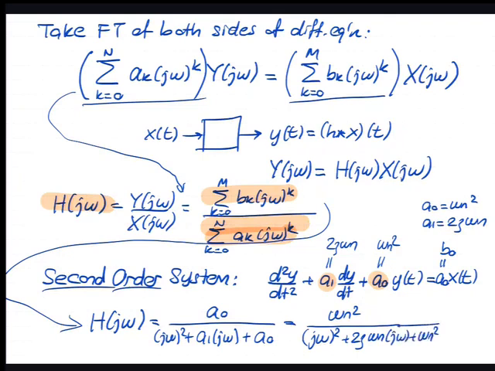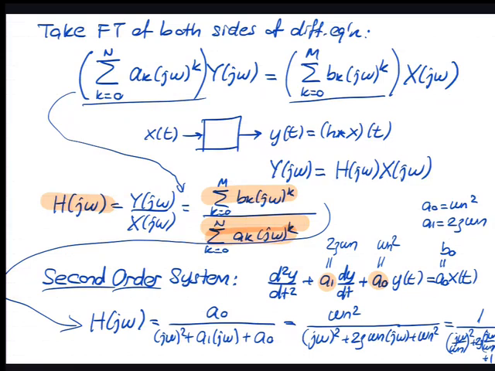Why is this prettier? It's not. But it will be if I divide both the numerator and denominator by omega n squared. It becomes 1 by (j omega over omega n) squared plus 2 zeta j omega by omega n plus 1. Can you even see what I'm writing? Okay?